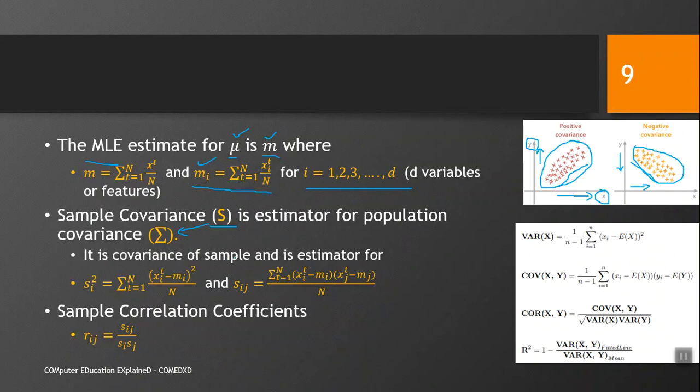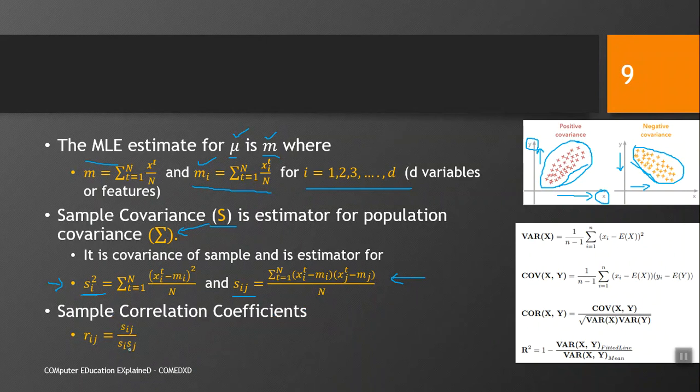It is the covariance of the sample and is an estimator for the covariances, correlation and covariance of each feature. This is a covariance of feature i with itself, and this is a covariance of feature i with j. You must remember the formulas that we use to calculate these statistics.